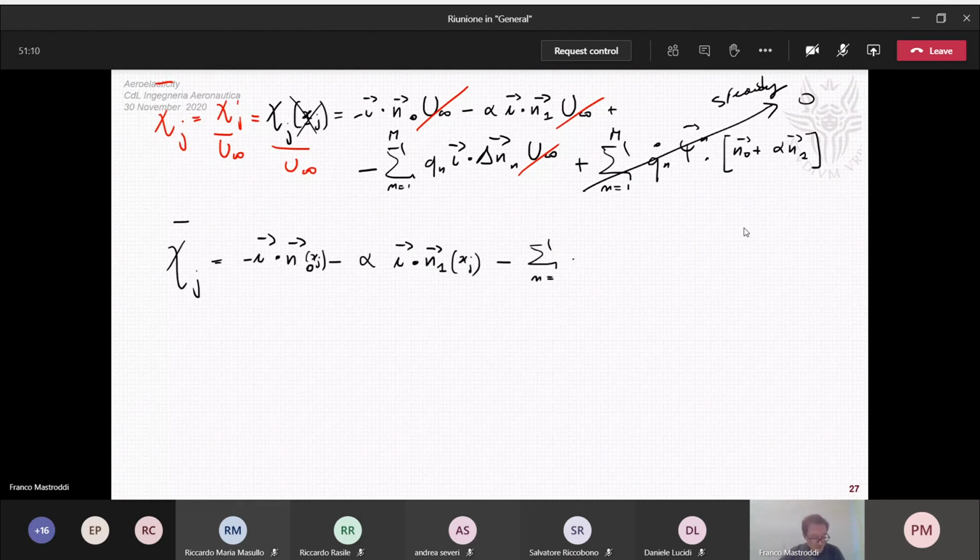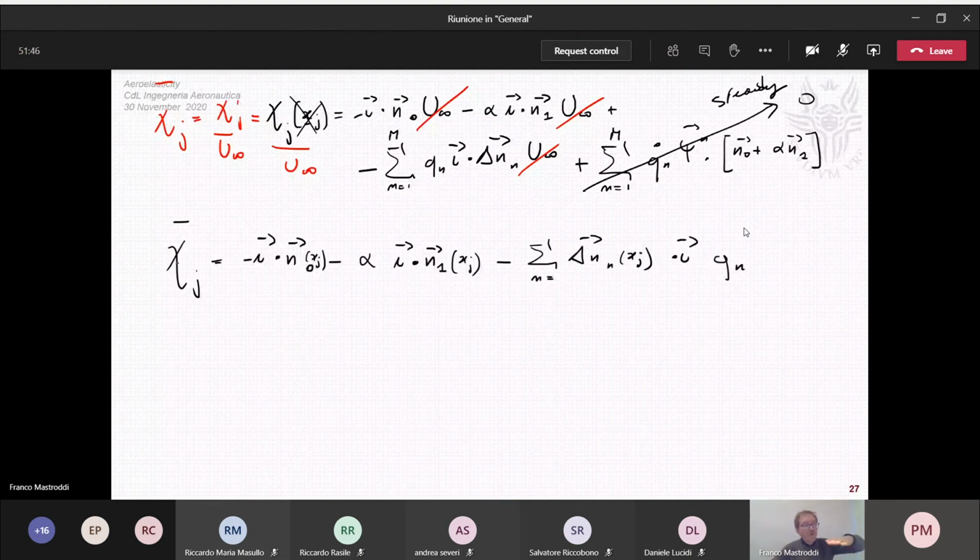which is equal to delta n in the point x_j again dot I vector, and multiplied by the Lagrangian quantity, giving us the deformation. So what are we expressing by this? We are expressing the normal velocity as given by the body motion.